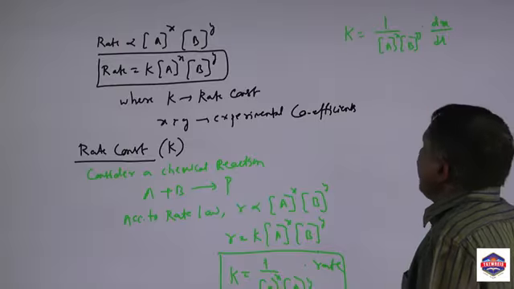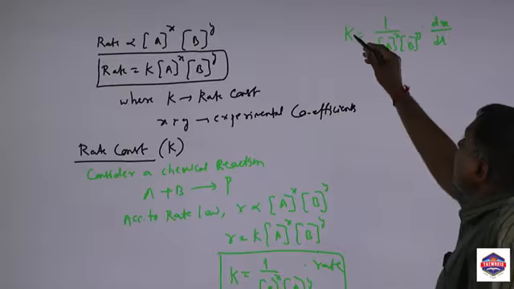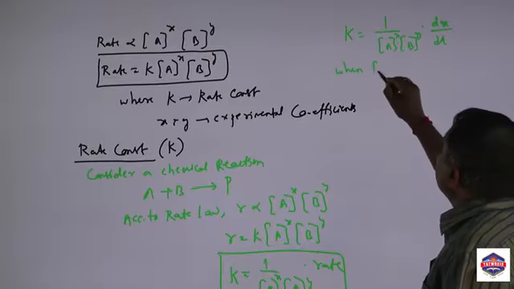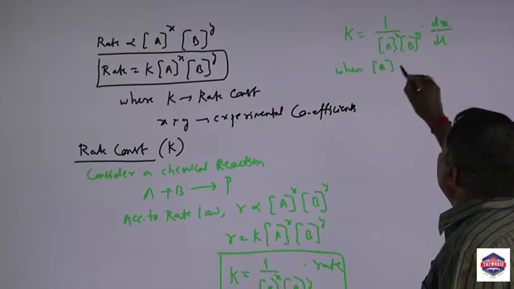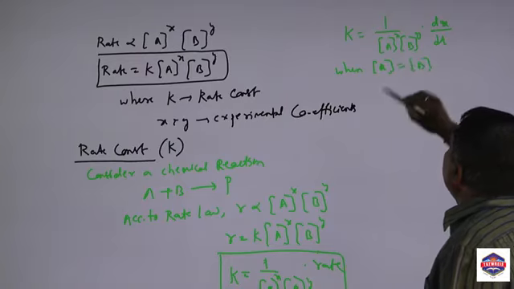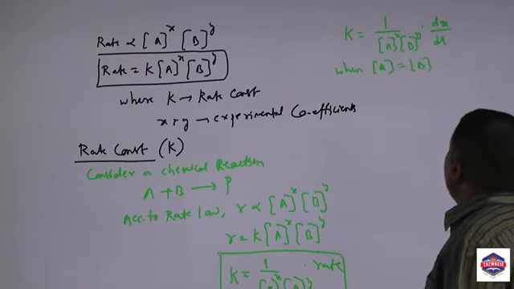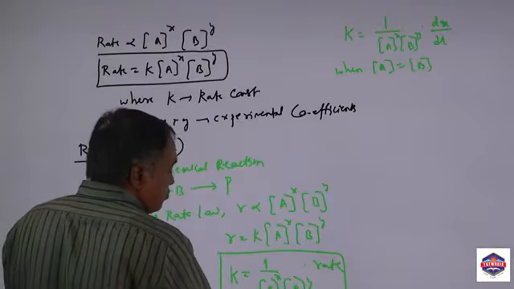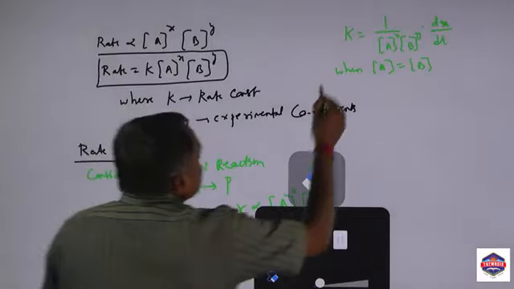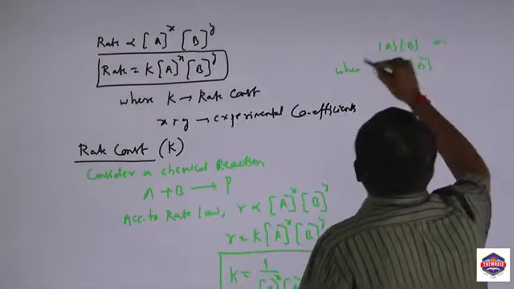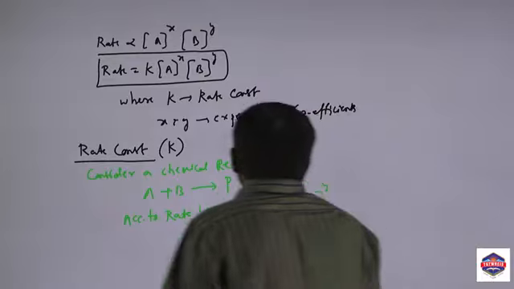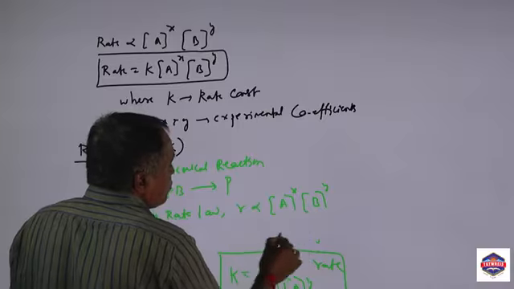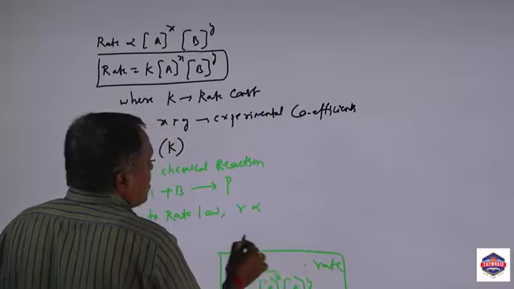But what is k? k is the rate constant. How can we define this k? When concentration of reactant A is equal to concentration of reactant B and x is equal to y. Suppose you take x and y are the same.